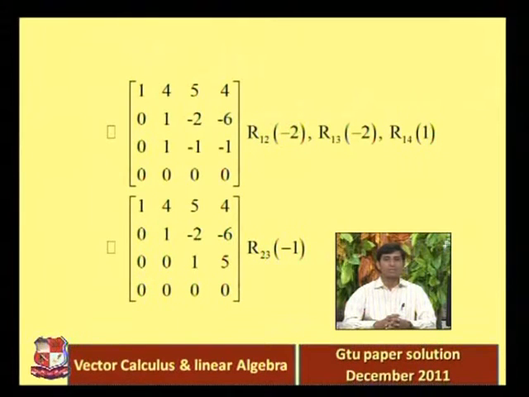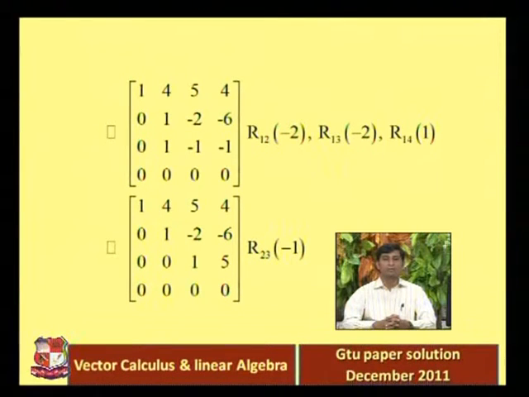So the first and second rows are as they are. The first row is 1 4 5 4, the second row is also as it is, 0 1 -2 -6. We multiply the second row with -1 and add into the third row. So the third row becomes 0 0 1 5. How is it?